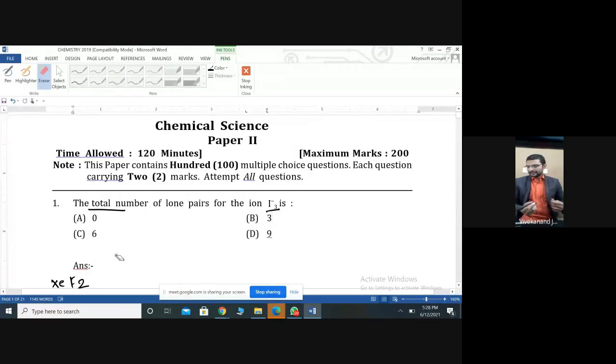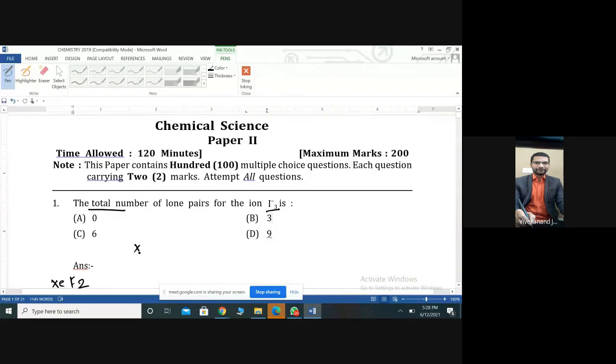Now, guys, check. Here we have xenon. At the xenon outermost shell, how many electrons are present? It comes from the noble gas configuration.